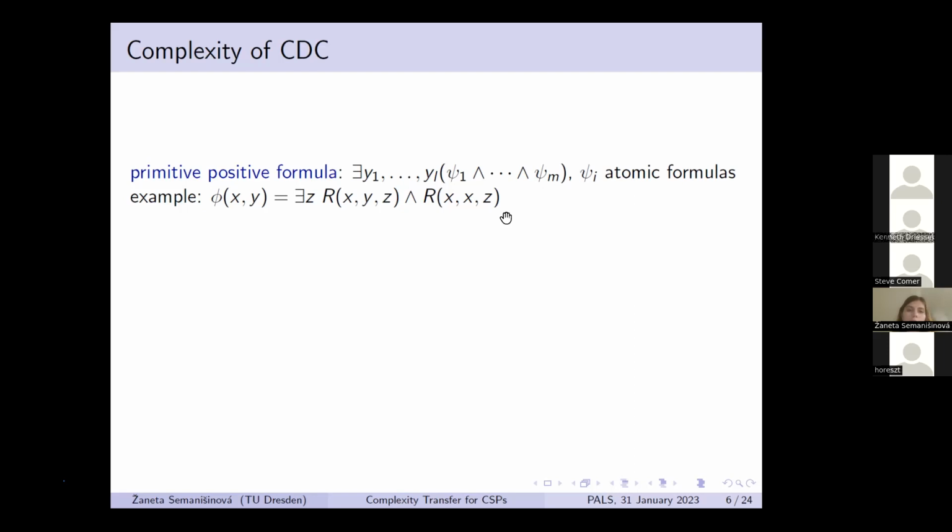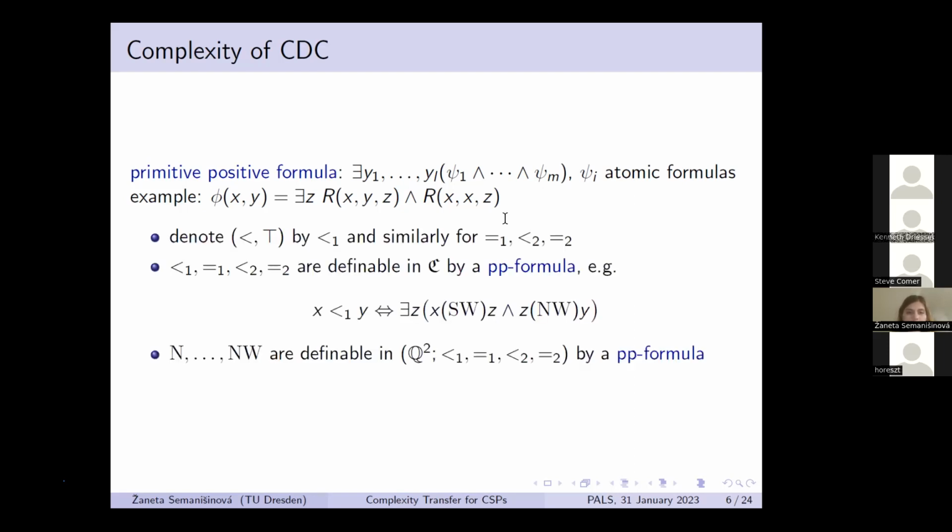And the reason why I want to talk about such formulas, well, there are two things. First, I would like to relate this to the cardinal direction calculus. So we would like to be able to define by primitive positive formulas the relations of this CDC using simpler relations. And the simpler relations will be like coordinate-wise order.